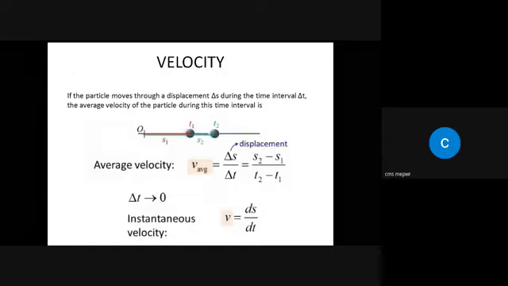Initially at position 1, the displacement was S1. Now at position 2, the displacement is S2. So the change in displacement can be S2 minus S1, whereas the time in which the change took place is given by t2 minus t1.